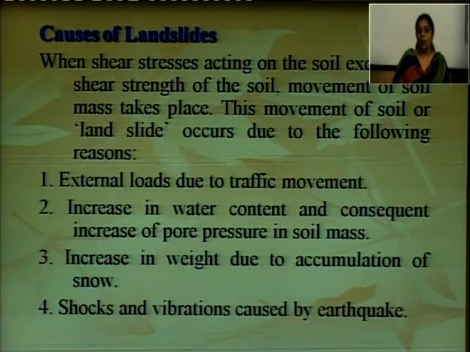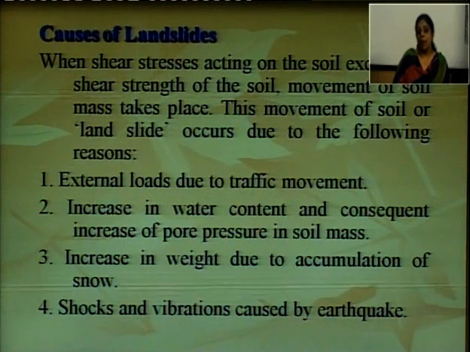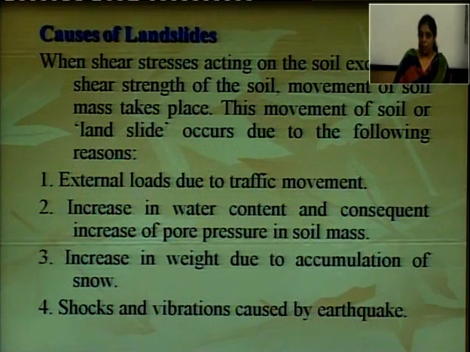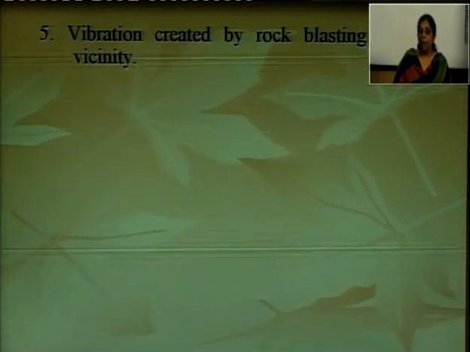Then come shocks and vibrations caused by earthquakes. This is something which can't be stopped. When an earthquake comes, the shocks and vibrations can also cause landslides. Then vibration created by rock blasting in the vicinity.